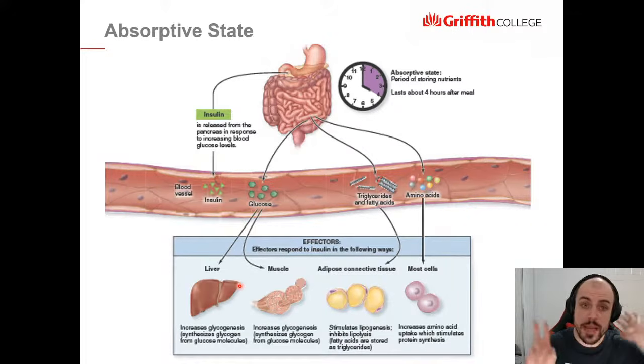We store it in 2 main places, in our liver and in our skeletal muscle. And this is like our short-term energy response. We can see an increase in the synthesis of glycogen within our muscles. We can see lipogenesis, to create more fat, to store it away for a rainy day.